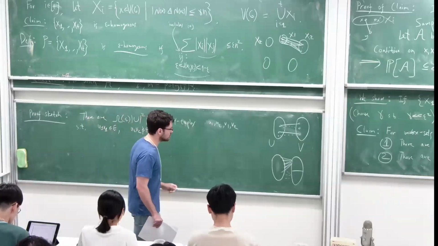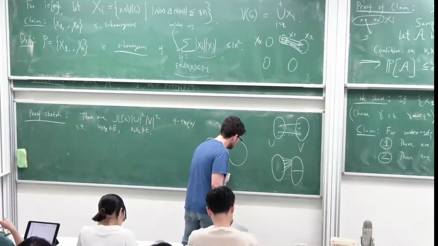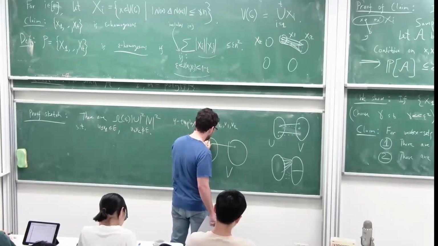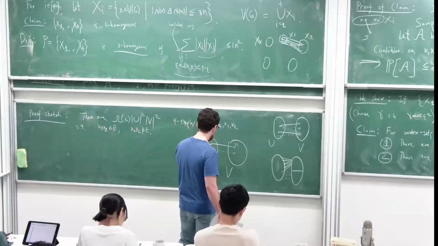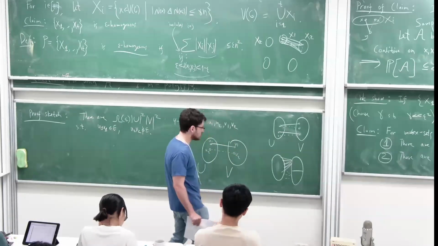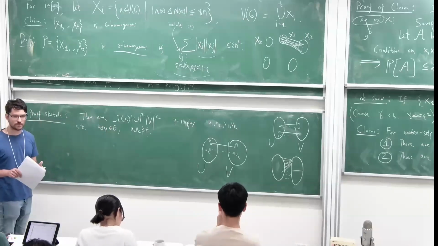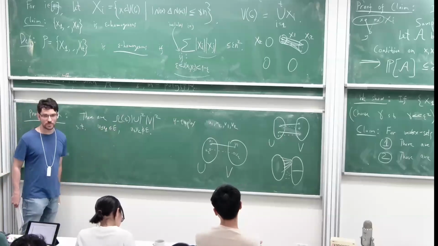So I'm claiming that we have many choices of an edge and then a non-edge. This is just because the density is bounded away from 0. So just choose an edge and choose a non-edge, the number of ways to do this.